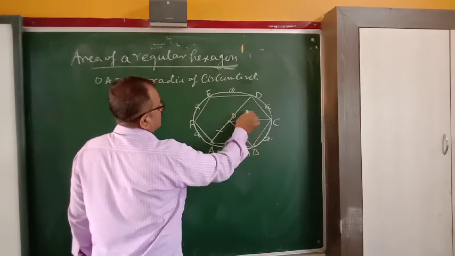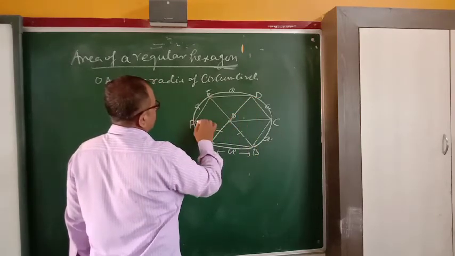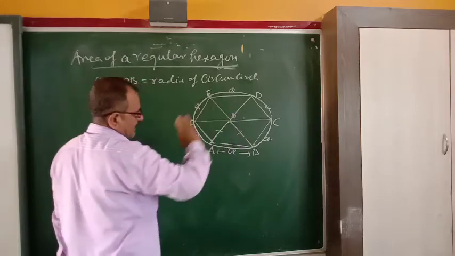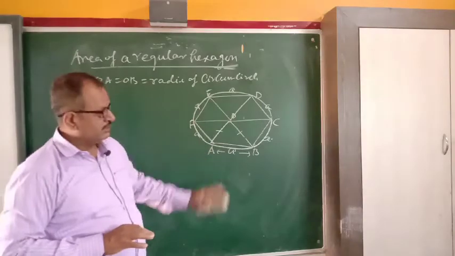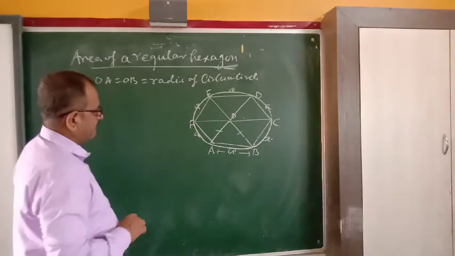Similarly, OC, OD, OE, OF are all radii of the circumcircle. So the lengths OA, OB, OC, OD will be equal.